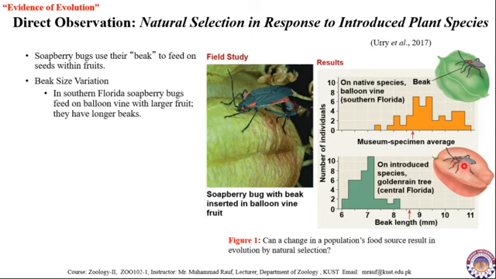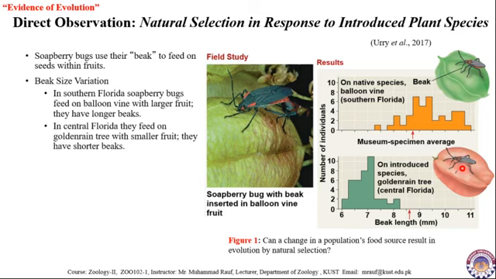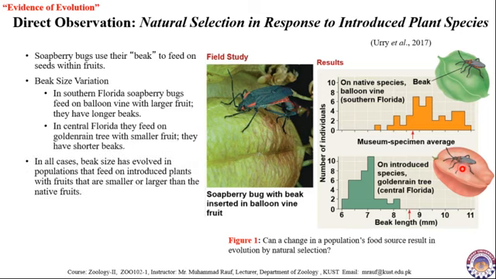So the soapberry bugs started to grow smaller beaks. Here we can relate the size of the beak to the size of the fruit and the thickness of the pulp.